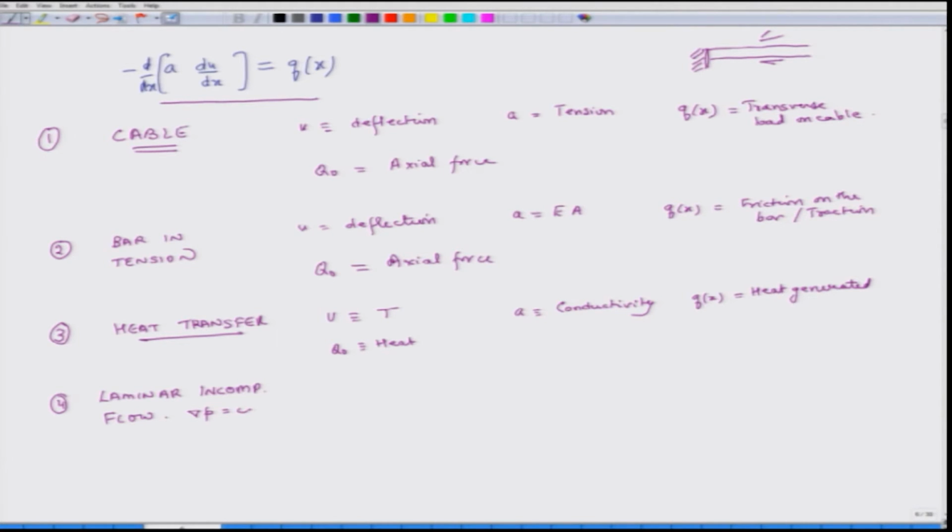So, here U corresponds to velocity, A corresponds to viscosity, Qx corresponds to pressure gradient, and Q naught corresponds to axial stress.